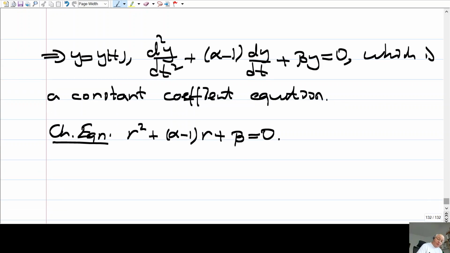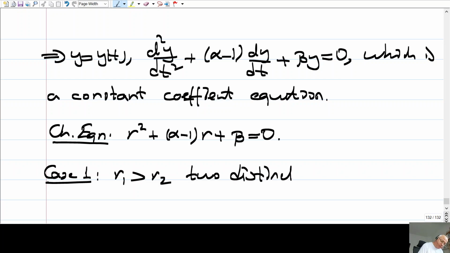Let's see what kind of solutions we may have. Case 1: r1 greater than r2, two distinct real roots.